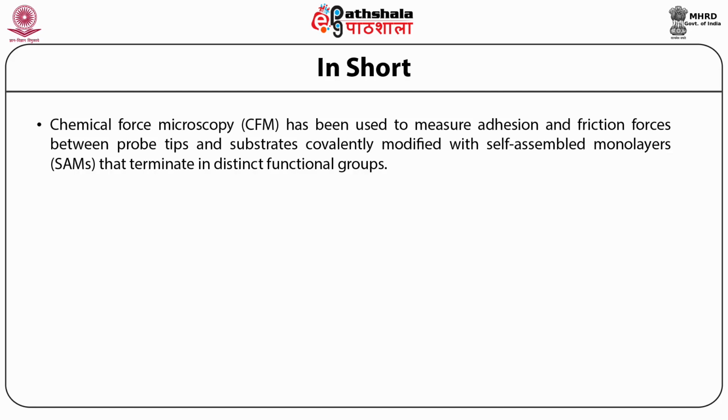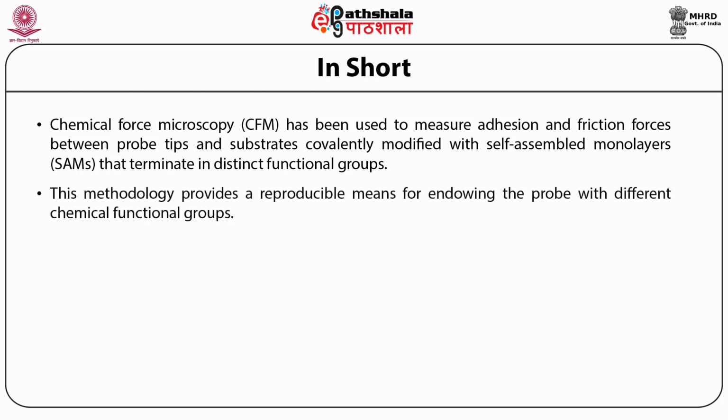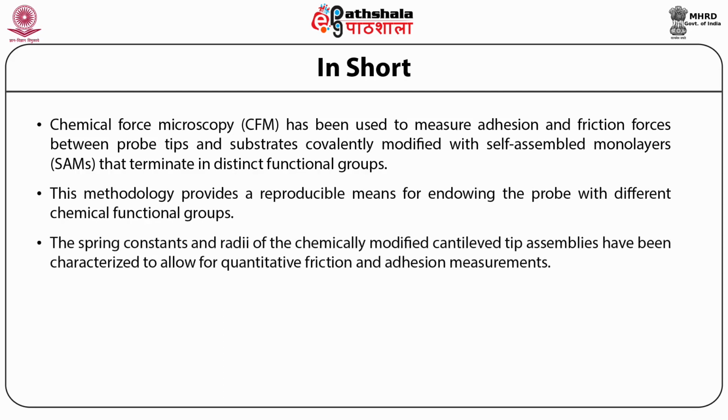Probe tips have been modified with SAMs using a procedure that involves coating commercial Si3N4 cantilever tip assemblies with a thin layer of polycrystalline gold, followed by immersion in a solution of functionalized thiols. This methodology provides a reproducible means for endowing the probe with different chemical functional groups. The spring constants and radii of the chemically modified cantilever tip measurements can be seen.